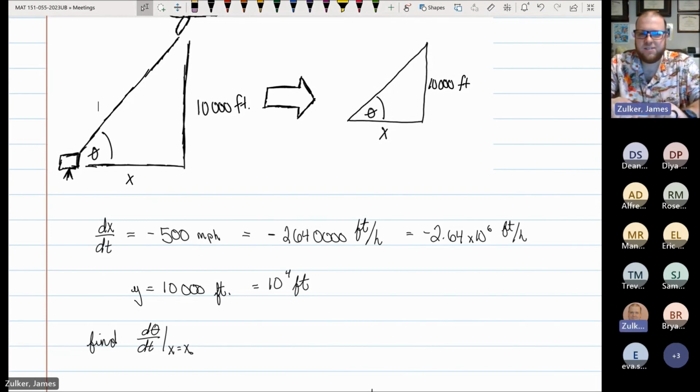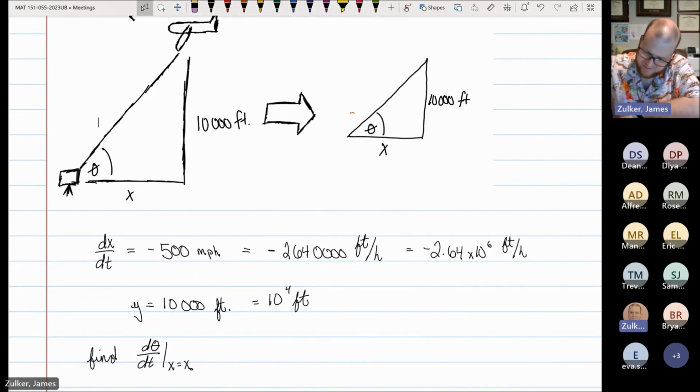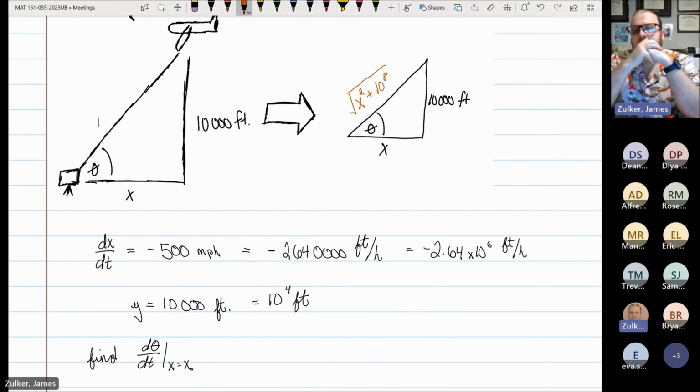Well, we look at our good friend Pythagoras for that, don't we? Sum of the squares of the sides is equal to the square of the hypotenuse. The square root of x squared plus 10,000 squared, which is just 10 to the 8th.